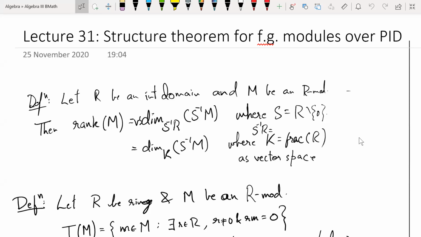And then we defined the rank of a module over an integral domain.